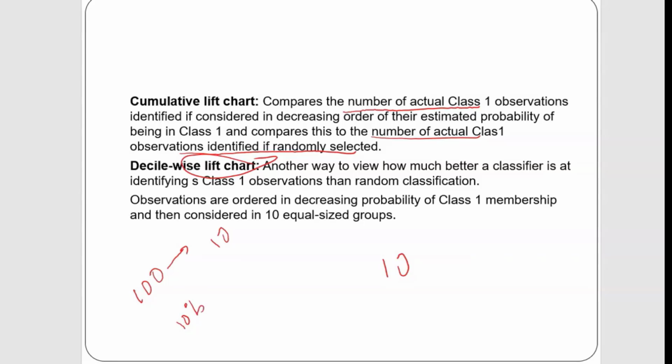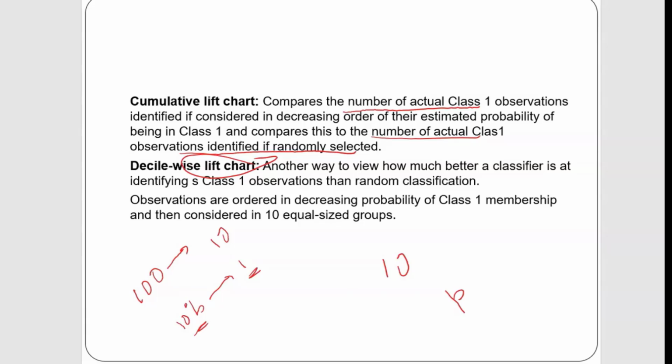So if I randomly choose any 10 people, no model says that out of these 10, one person should belong to a class 1 because our prevalence rate is 10%. So this should be the same no matter what 10% or 10 people I choose. So now suppose we pick the 10 highest people in terms of the probability scores. So the probability score based on the model is the highest for these 10. Randomness says that out of these 10, no matter what the probability score is, only one person will respond as class 1.